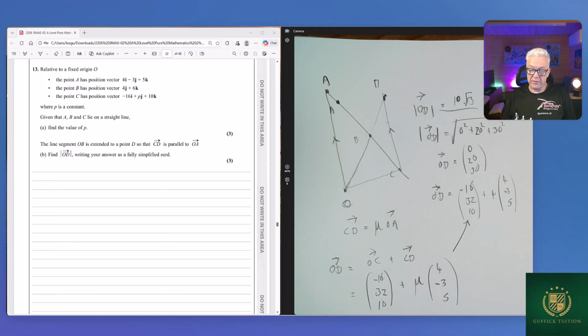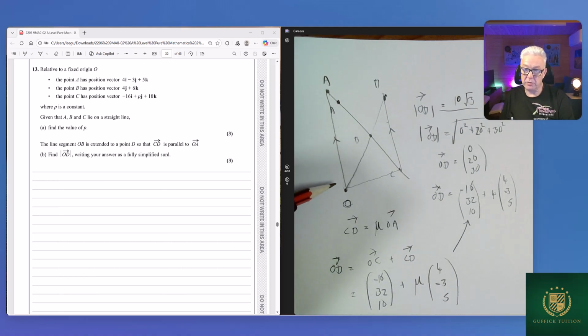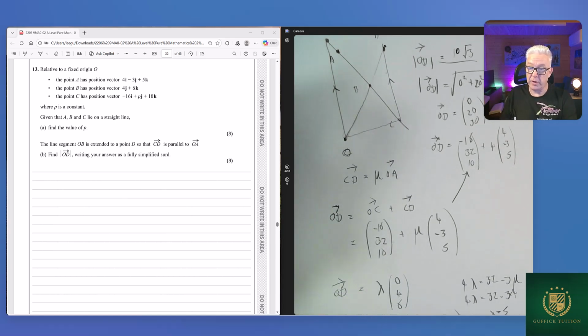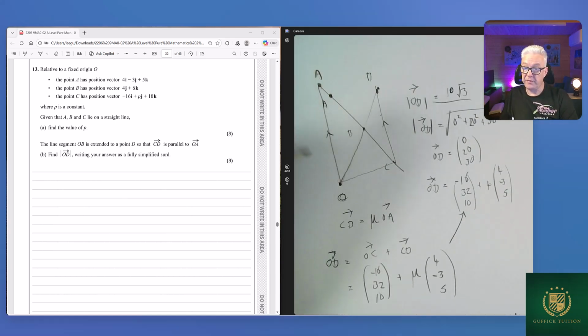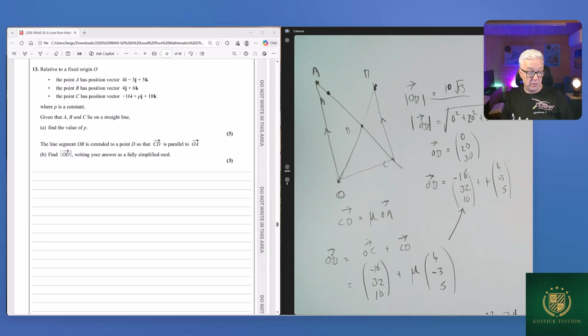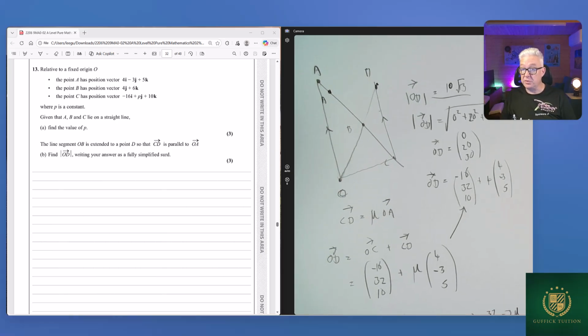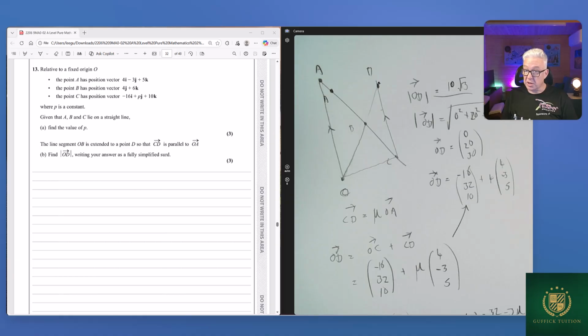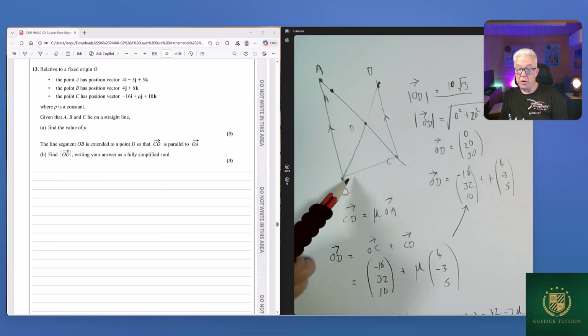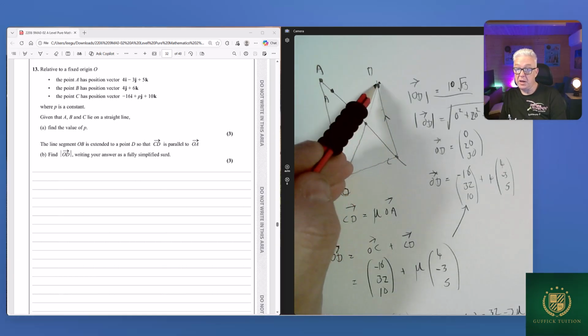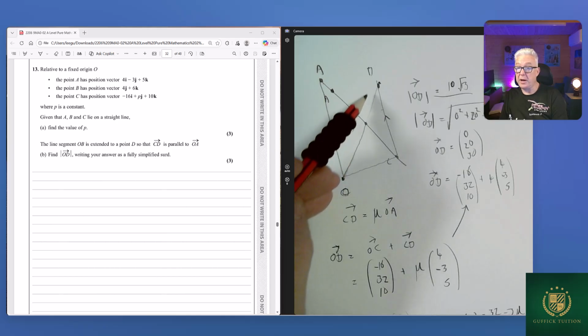So let's review what we did. We had to try and find the length here. We found an expression for going from O to D, and we essentially used the vector method. We found two different routes to go from O to D. One route was to go along here and up here, and another route was to go directly up here.